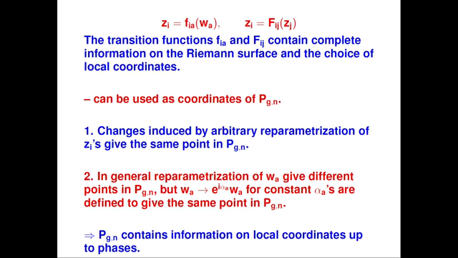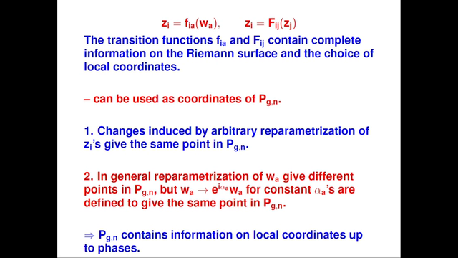But we should keep in mind that this is a highly redundant parametrization. A lot of the information in the transition functions is quite trivial. For example, imagine that we make an arbitrary reparametrization of one of the Z's, a reparametrization that is well defined on a sphere with 3 disks removed. Each of the S_i is a sphere with 3 disks removed.